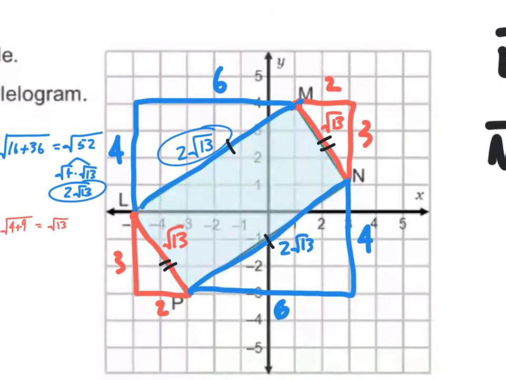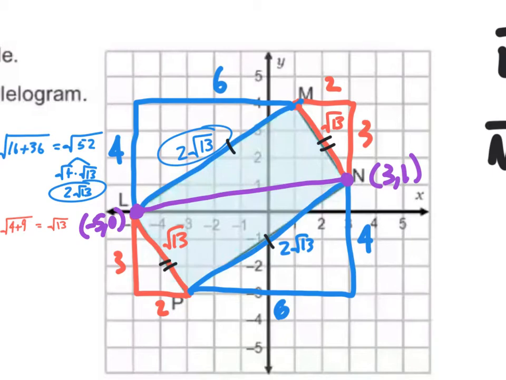I'm going to come in here and I'm going to draw in my diagonals. So I've got LN, and this is going to be the point negative 5, 0. And N is going to be the point 3, 1.